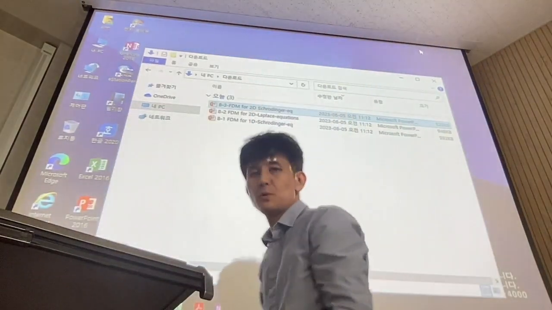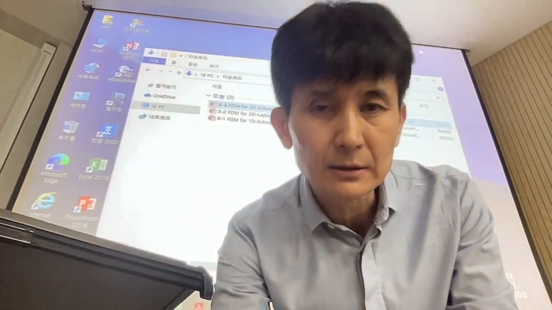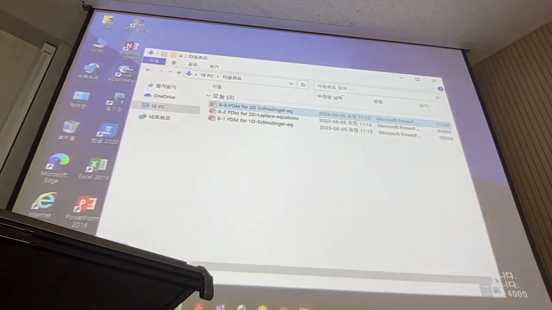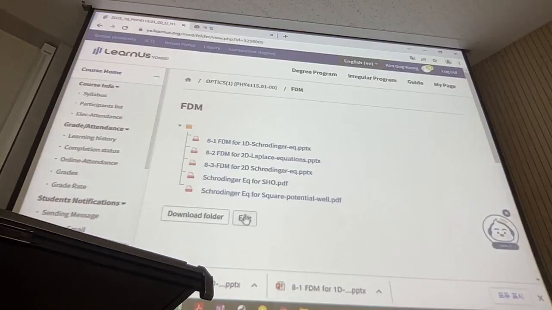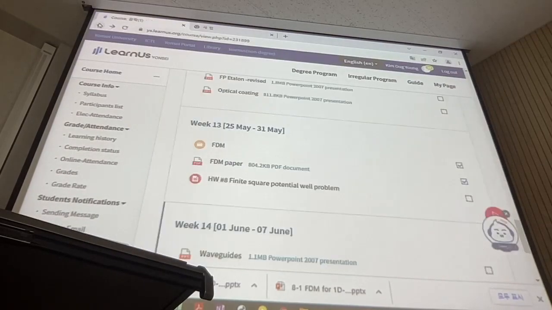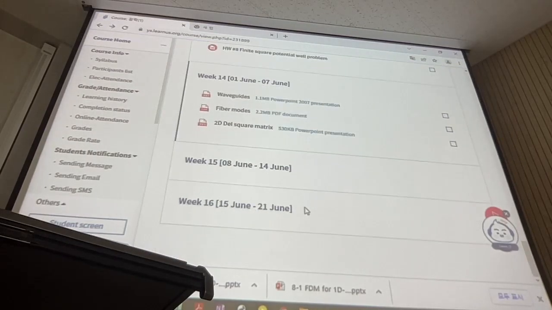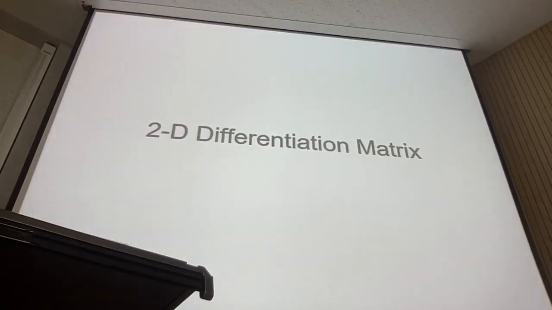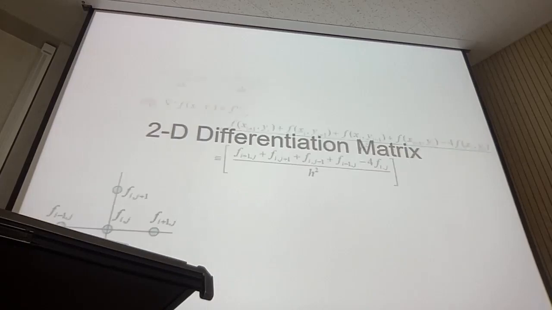Okay, I've just posted it, and that file will explain how to find the 2D differentiation matrix.